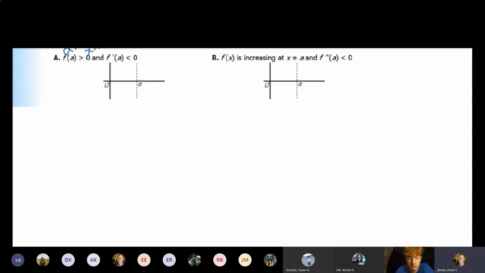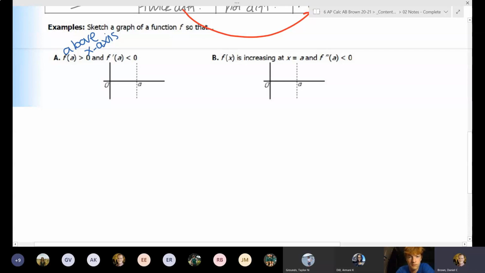And then my second statement here, I have f prime is less than 0. If f prime is less than 0, what do I also know about the graph at A? It's decreasing. So I just want to draw a graph that is above the x-axis and decreasing at A. So an example would be, there's a graph that works. If I want to be more clear, I'll keep it completely above the x-axis.